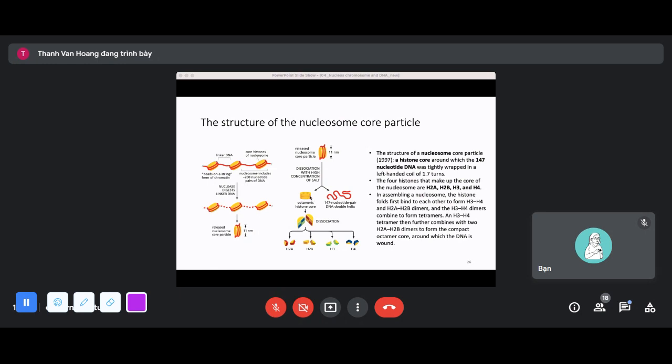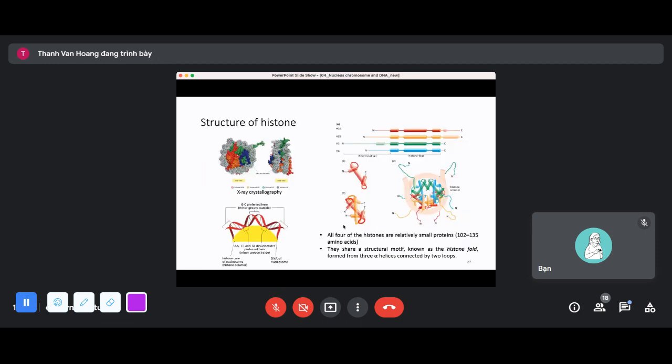And the DNA, 147 nucleotide pairs, wraps outside the histone core to make this 10 or 11 nanometer structure in diameter. Okay? If you have a closer look, you can see how the DNA interacts with the histone core through its minor groove.